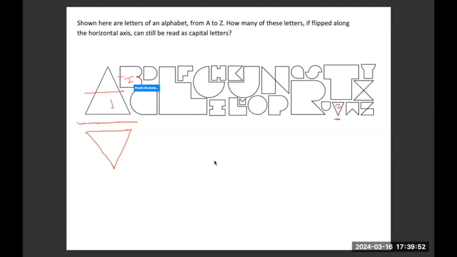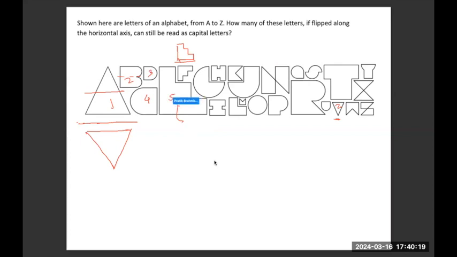C, when you flip it along the horizontal axis, will again look exactly the same. D was also the same case. E, when you flip the letter along the horizontal axis, will look something like this, which is what this letter looks like.